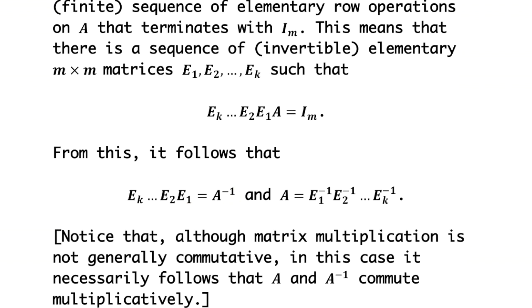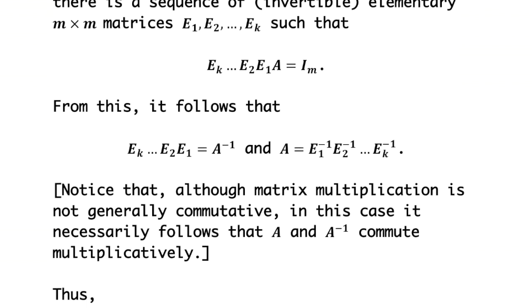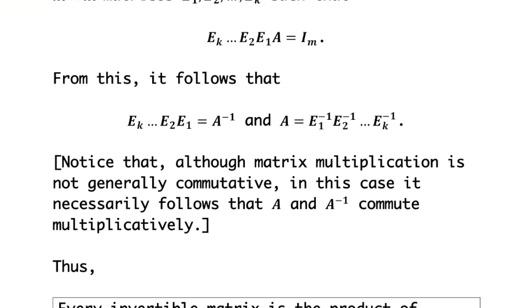and that A itself can be written this way: E1 inverse, E2 inverse, all the way down to Ek inverse. Now, notice by forming these two products, A A inverse and A inverse A, you will get I in both cases.